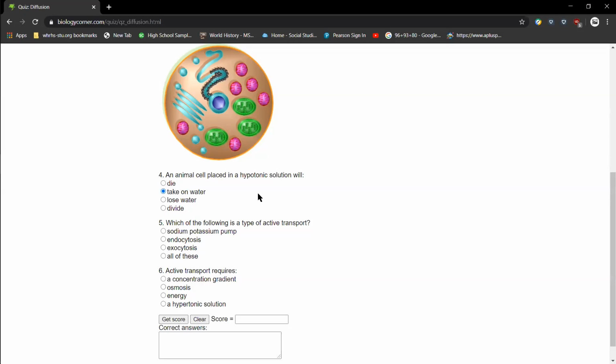Okay, so number 5, which of the following is a type of active transport? Sodium potassium pump, endocytosis, exocytosis, or all of these?